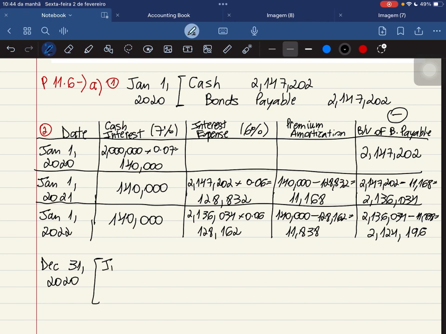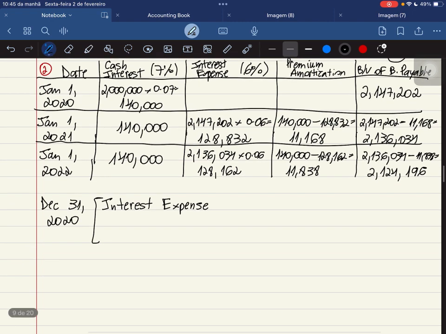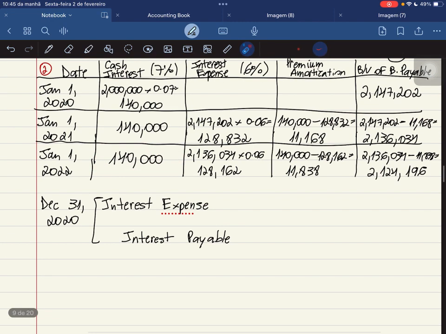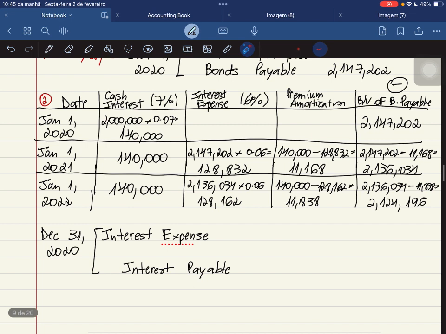So the entry is going to be interest expense at the top, which is the total interest, actually in this case no, it will be the smaller interest. At the bottom we are going to have interest payable. This one is the one that doesn't change, right? So it would be this one, and we would have bonds payable, right?